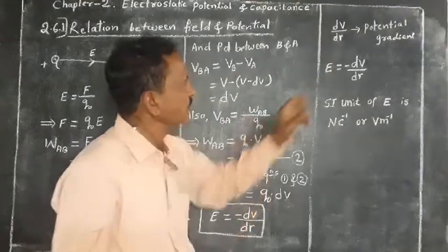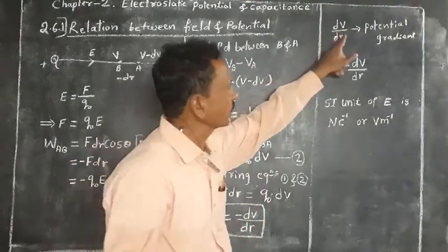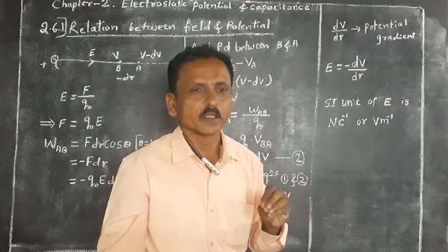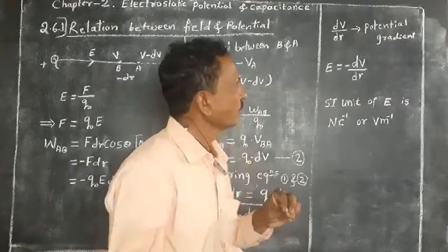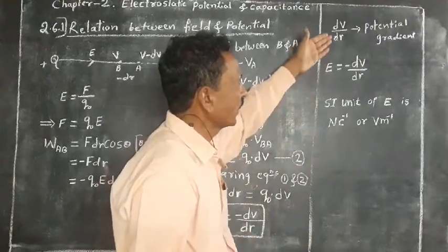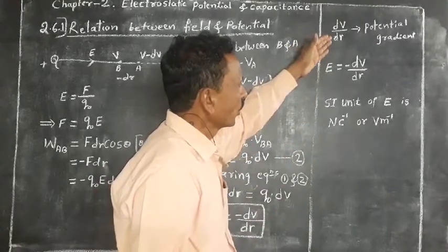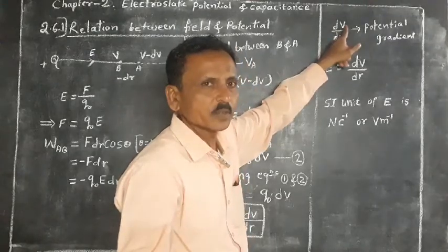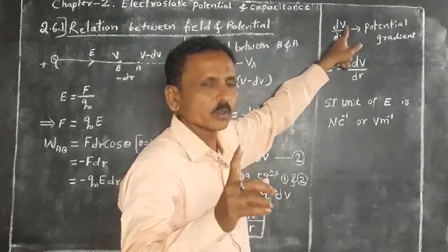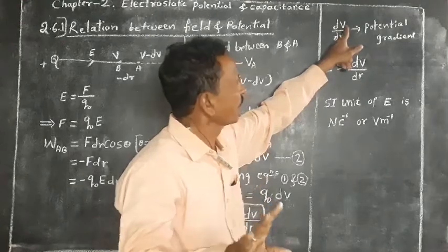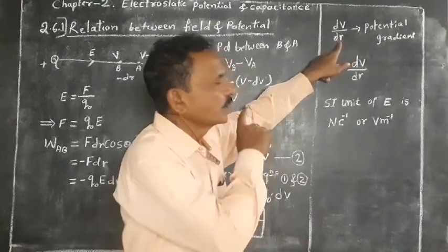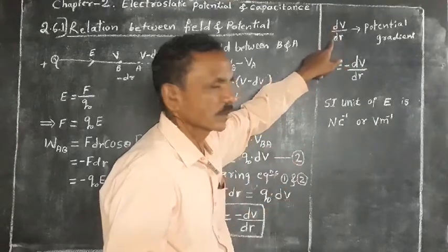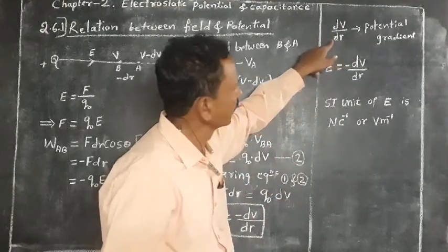The unit of potential gradient: the SI unit of potential difference is volt, and the unit of dr, that is distance, is meter. Therefore, the unit is volt per meter.